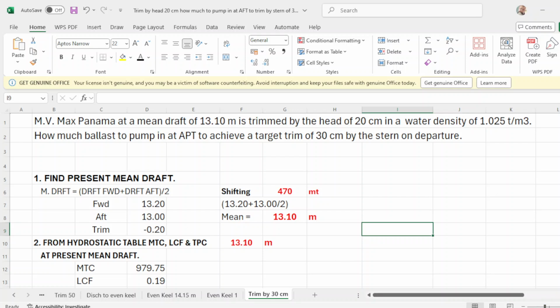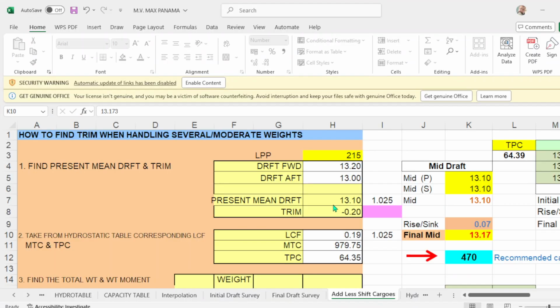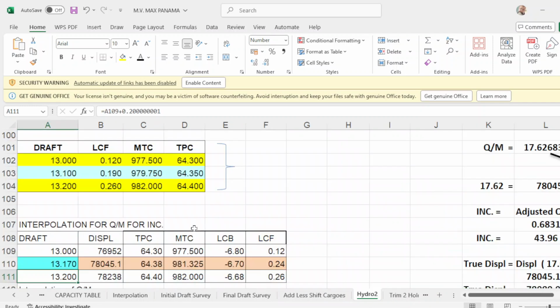Now with your mean draft of 13.10, we put it like this in the program. So forward is 13.20 and aft is 13.00, and your mean draft is 13.10. So you go to your hydrostatic table, then you have your mean draft of 13.10.